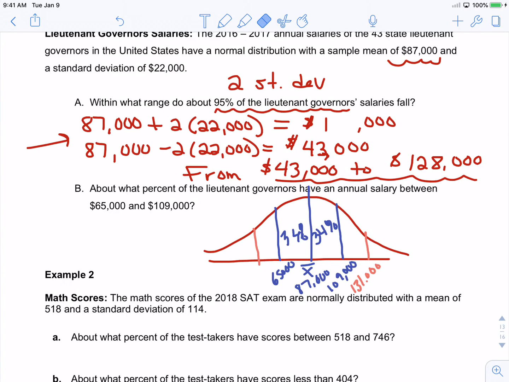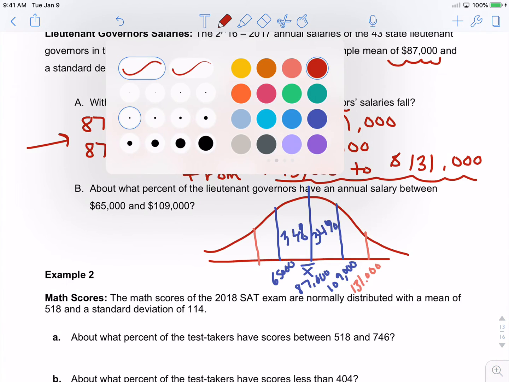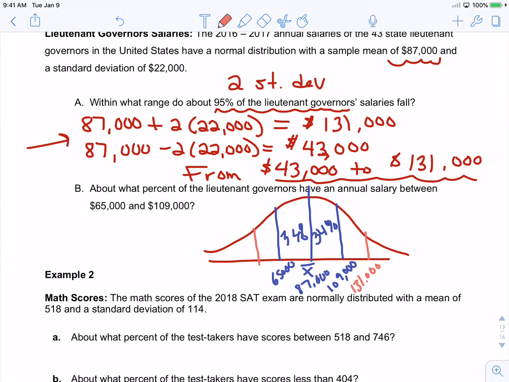Let's fix this. So now I have 131. And if I subtract 22 from 65, we end up with 43,000, which is what we have above.